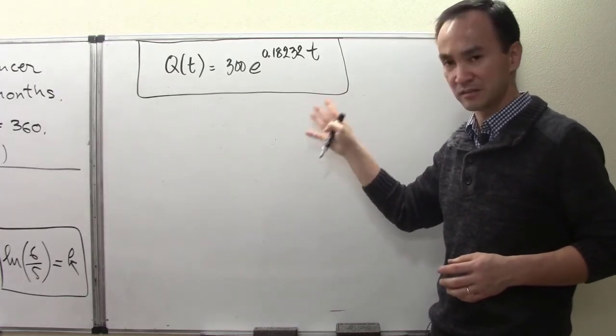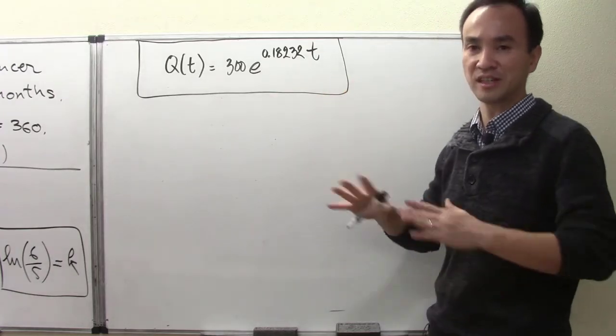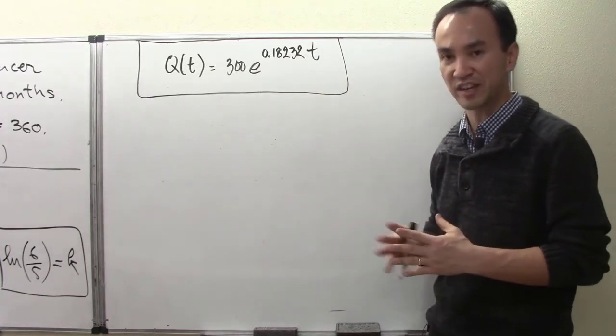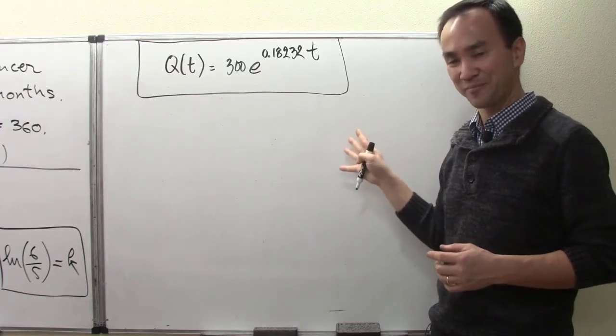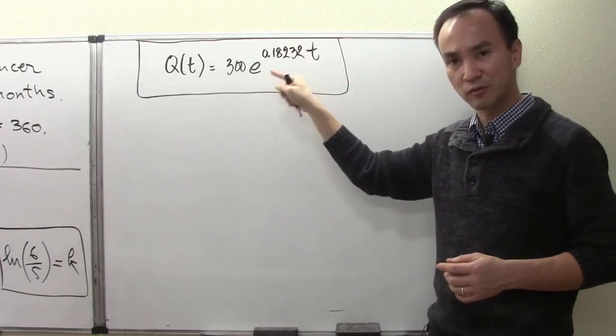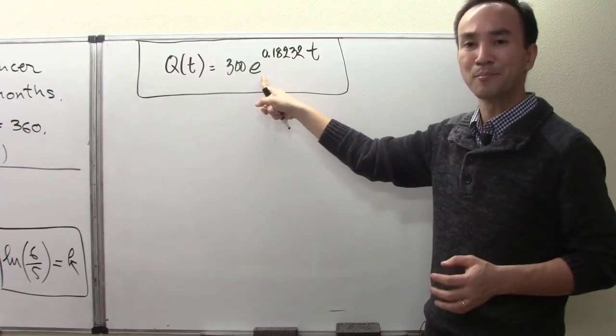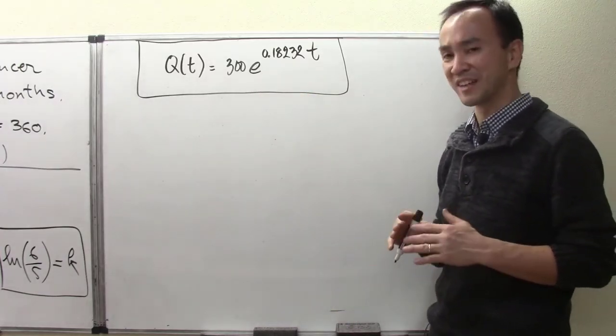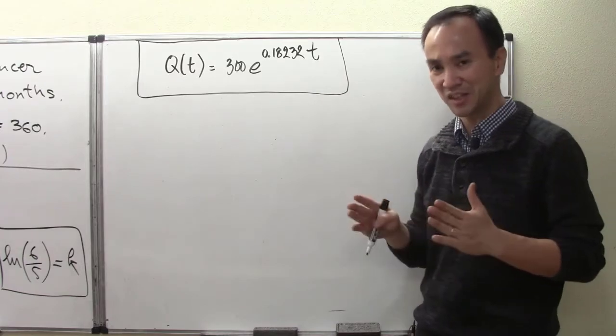But again, allow me to just stick with the model that a larger majority of mathematicians and scientists are using out there. This is called the continuous growth model, where it's going in base e. And that's why I've been saying, since financial math problems, that base e is the winner.